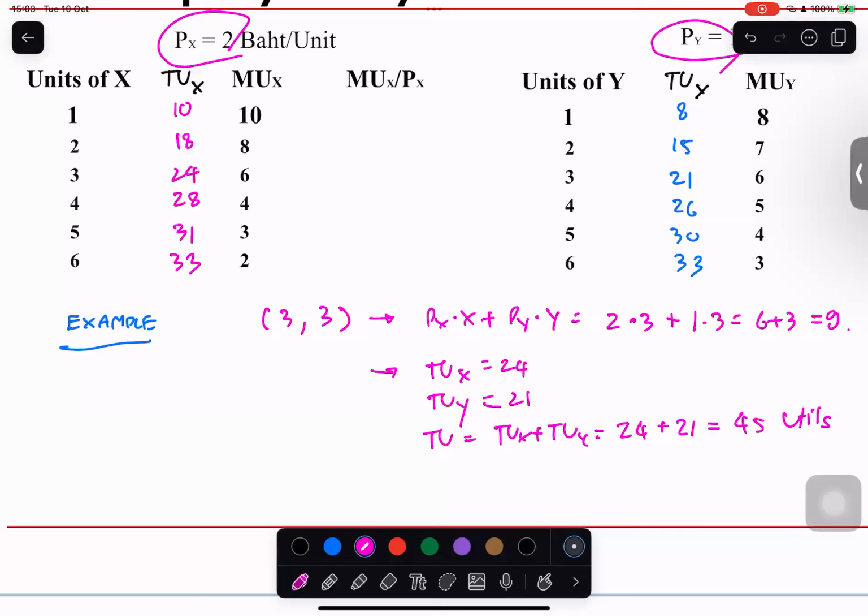I will check what is the fastest this class will get there. You have to check whether money is enough. We want to spend 9 baht. Spend it up.